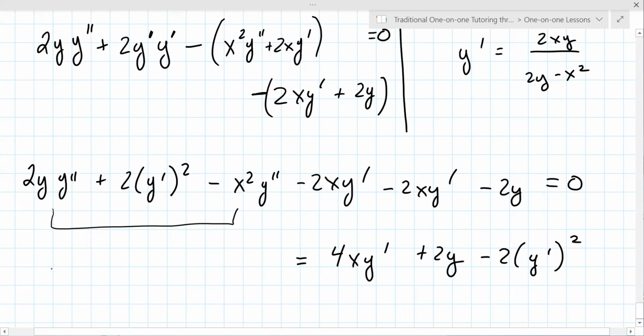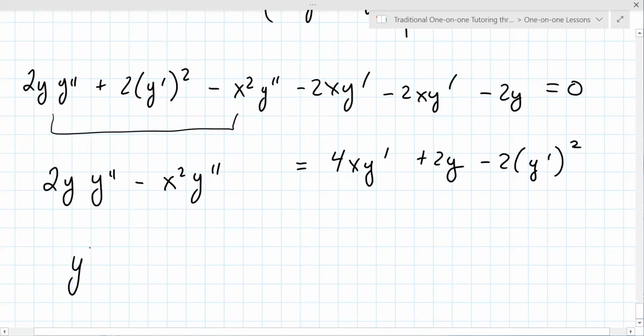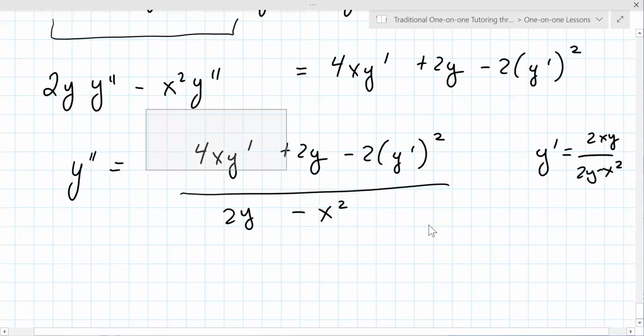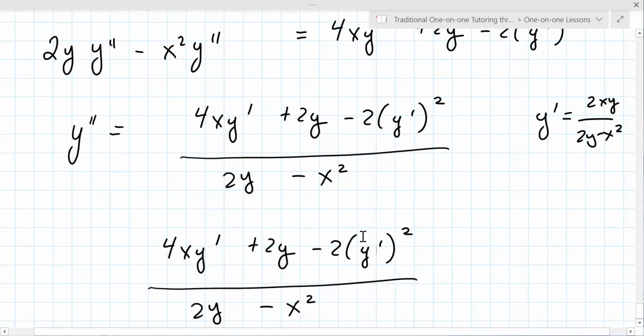That's why you need that y prime up here. Then you have 2y y double prime minus x squared y double prime. So imagine factoring it out and dividing. Y double prime equals, I have the advantage of copy and paste here, that over 2y minus x squared. But this y prime is 2xy over 2y minus x squared, and they actually want you to put that back in, because that's given, or you would have solved for it as part of doing this.